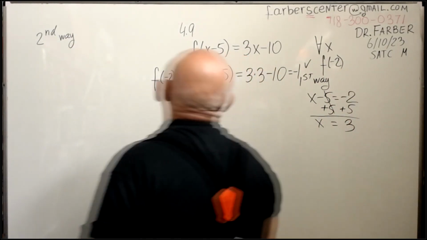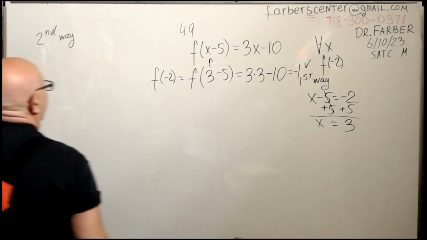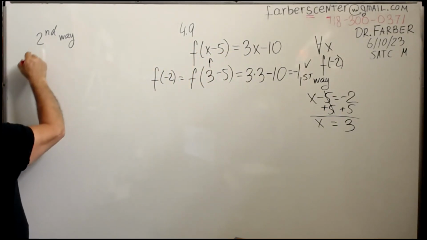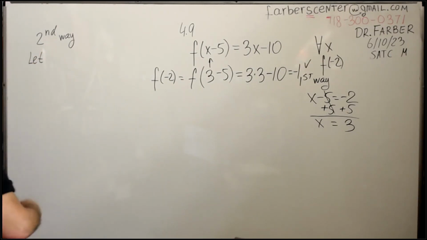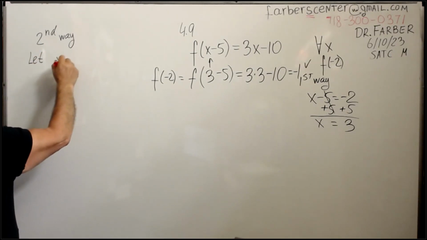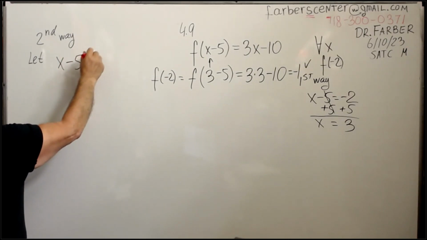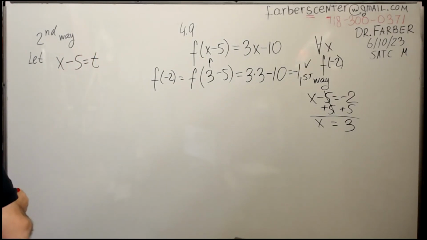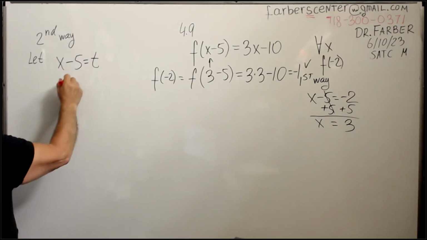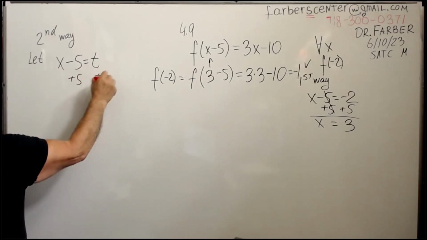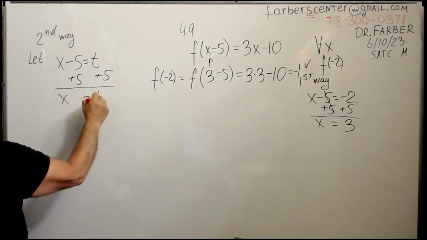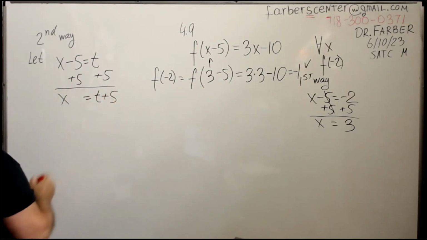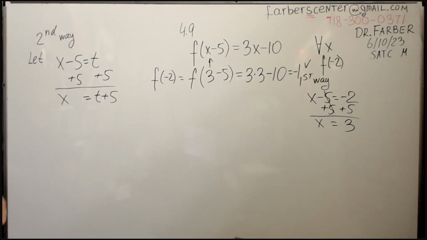So change this function. Let x minus 5 equal t. From here, if you add 5 to both parts, you get x equals t plus 5.